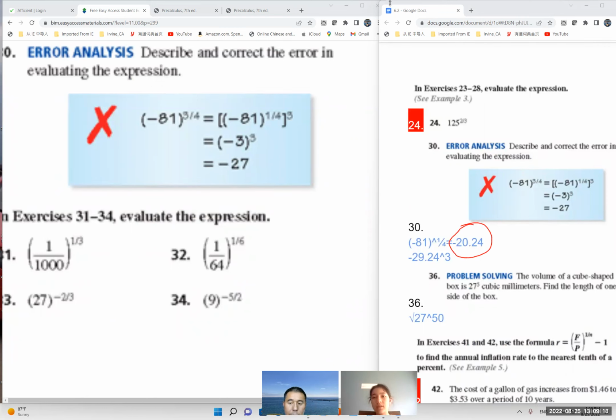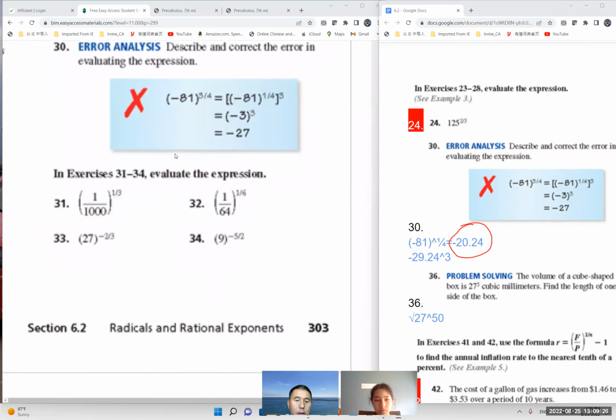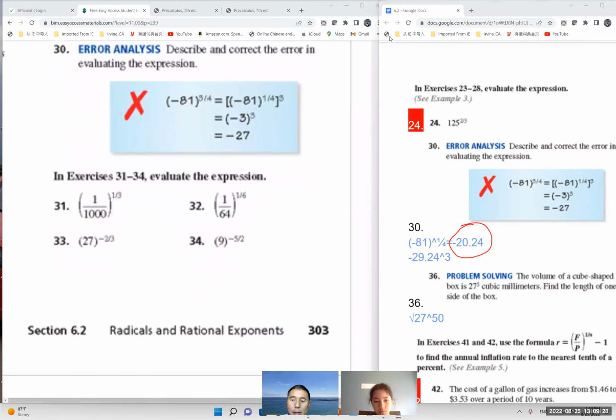Probably not correct. So, think about how to do this correctly.